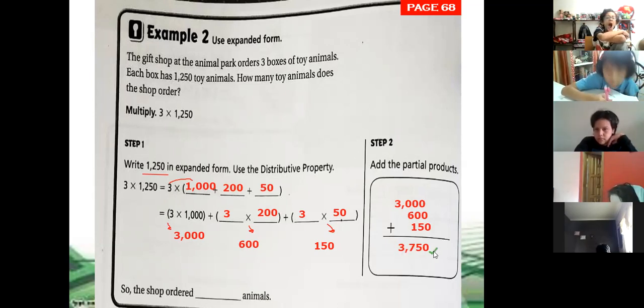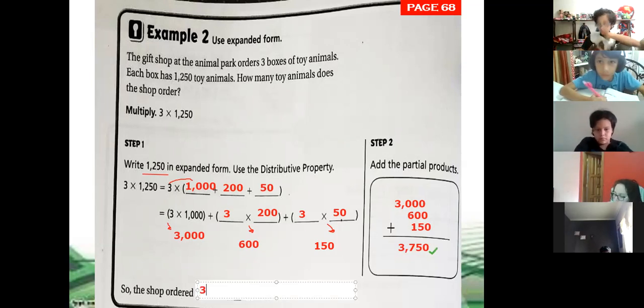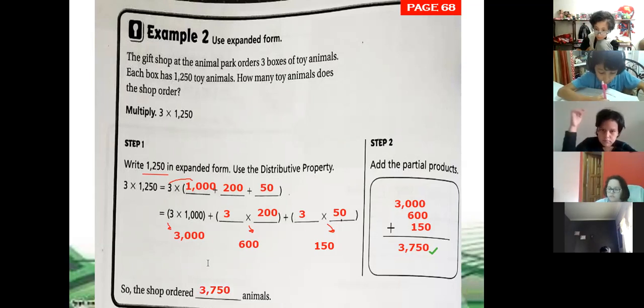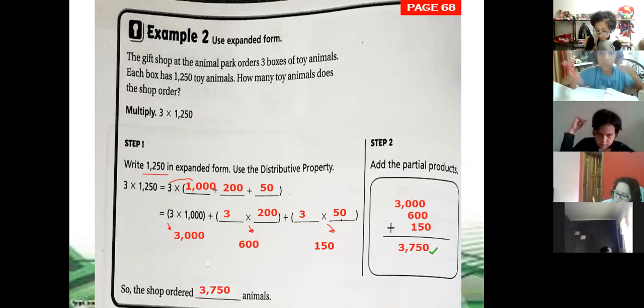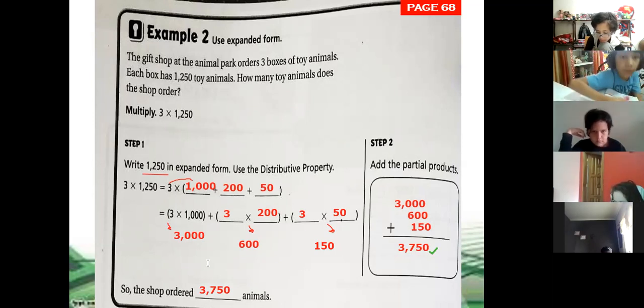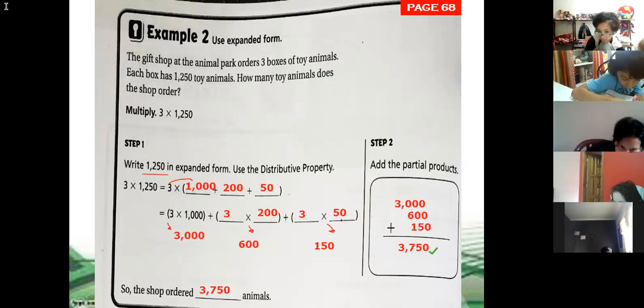So it means that the shop ordered 3,750 animals. It's the total of animals that it ordered. How many toy animals does the shop order? It orders 3,750.